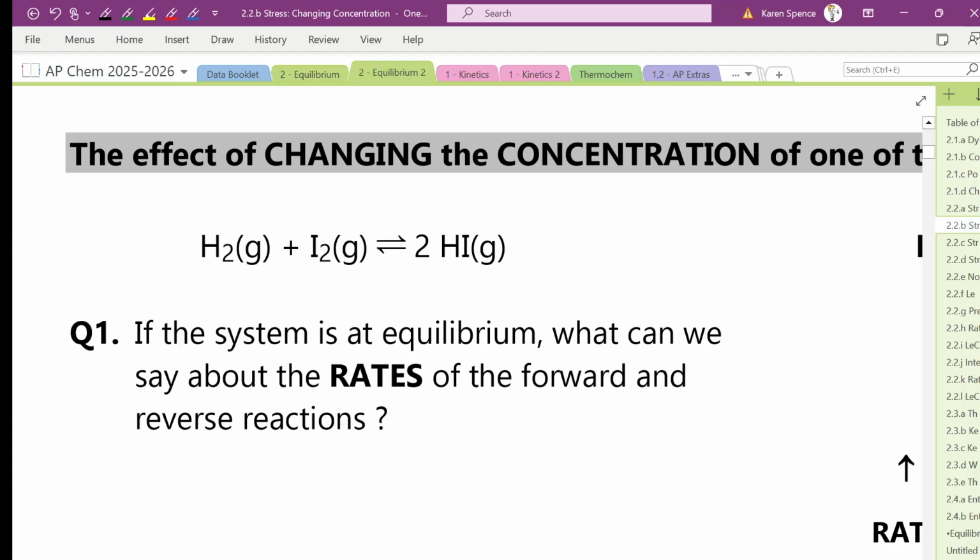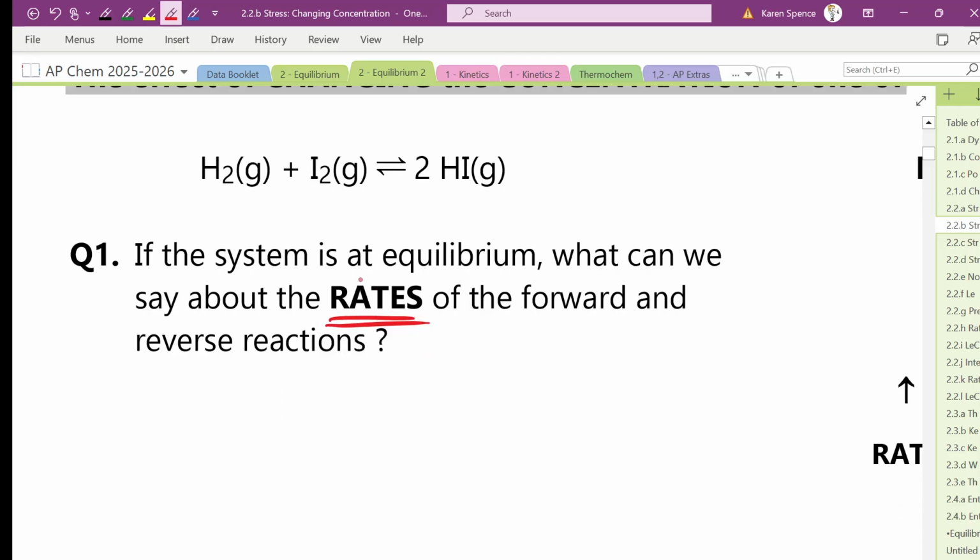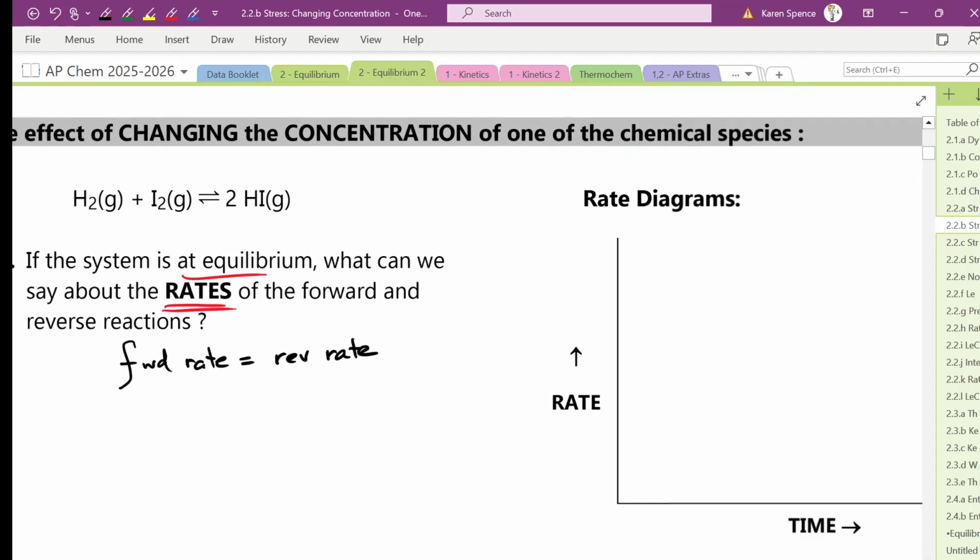And we are going to start by drawing what this system looks like if we are at equilibrium. And we are going to be drawing a rate diagram. What can we say about the forward and reverse rates if we are at equilibrium? Yep. Forward rate is the same as the reverse rate. So if we're going to draw these, and if you happen to have two colors of pen, you can use two colors, or you can just do a solid line for forward and a dashed line for reverse.